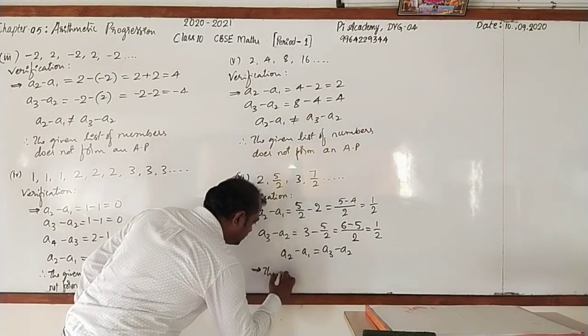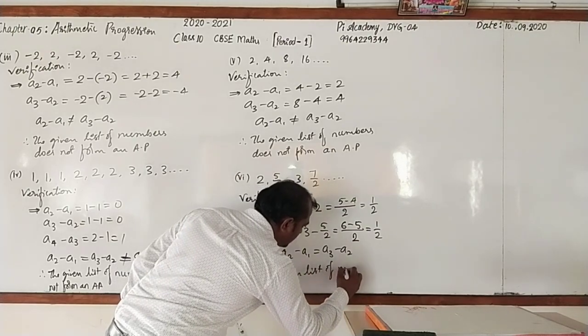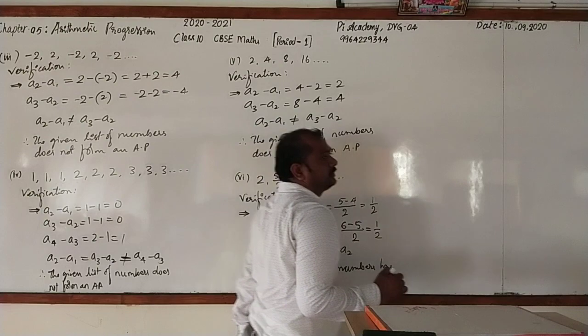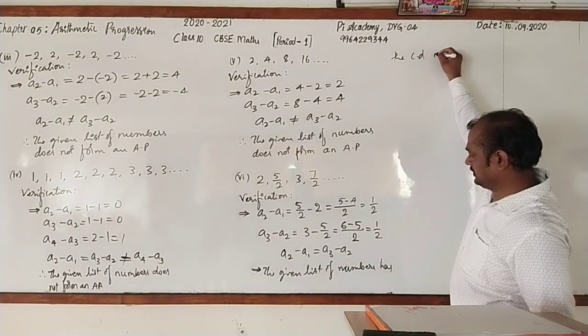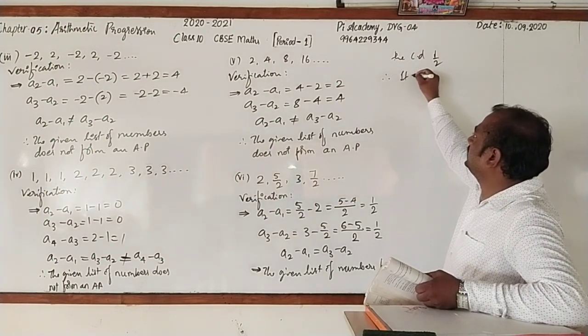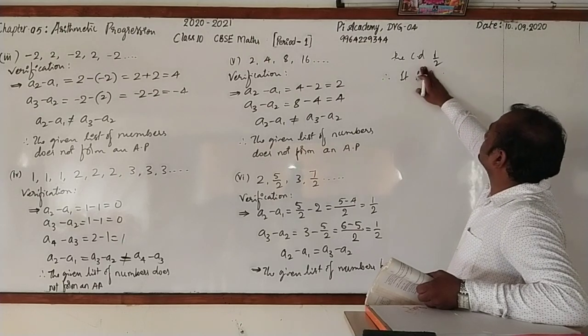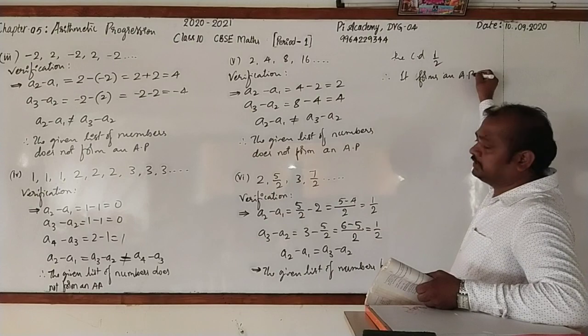The given list of numbers has the common difference. What is the common difference? 1 by 2. Therefore, it forms an AP.